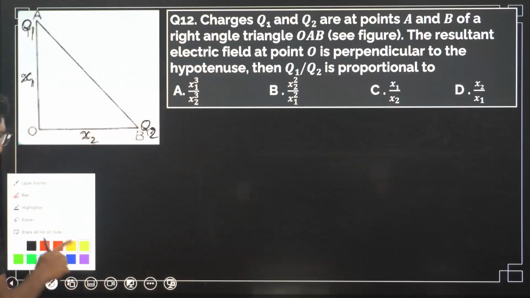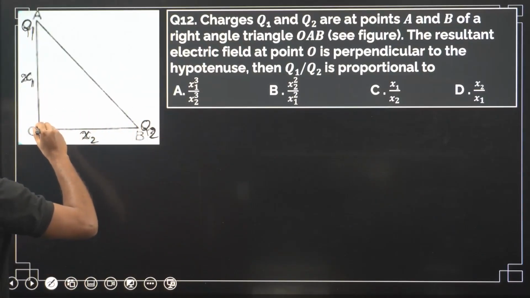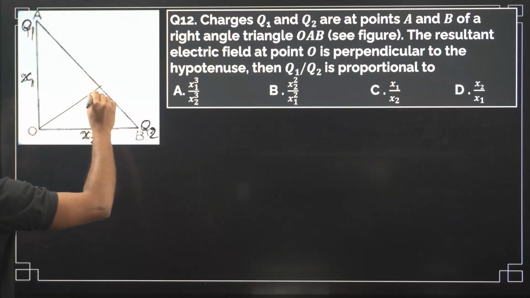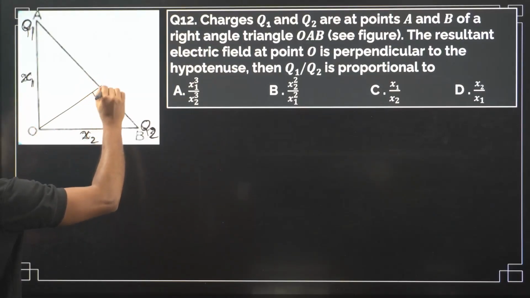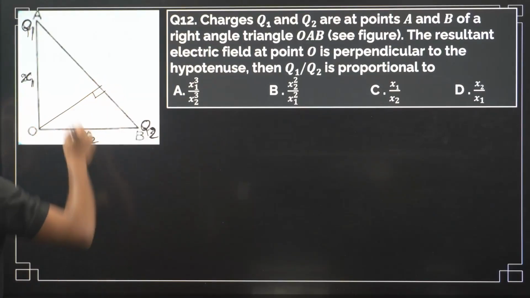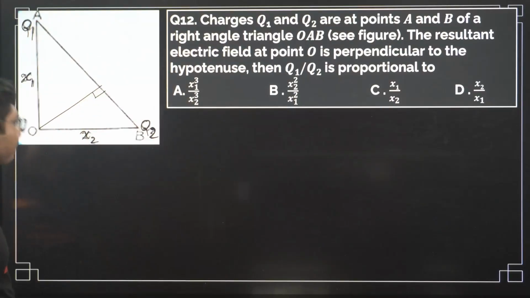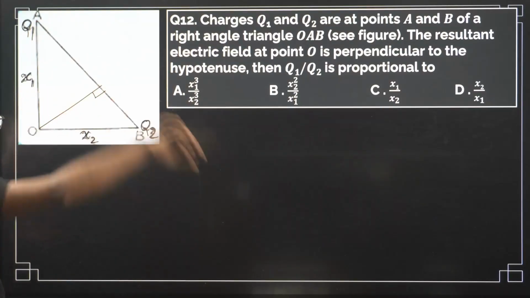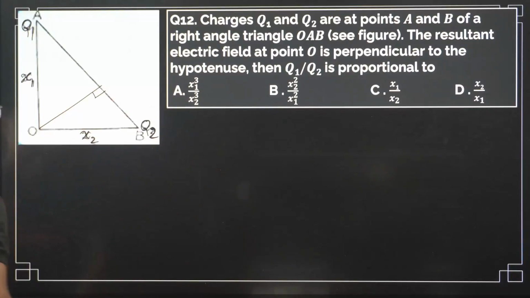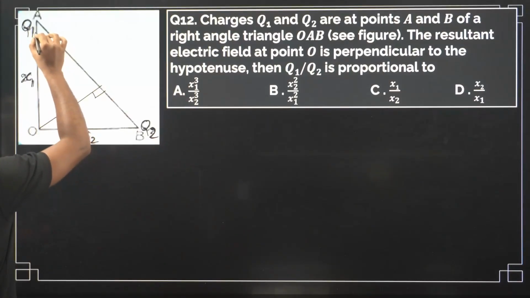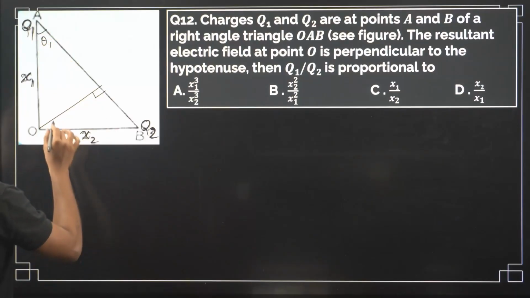So the resultant electric field is perpendicular to the hypotenuse. That means this angle is 90 degrees. If you ask how to find the resultant, we will come to that. But first let us do some geometry. If this angle is say theta 1, then this angle will also be theta 1.